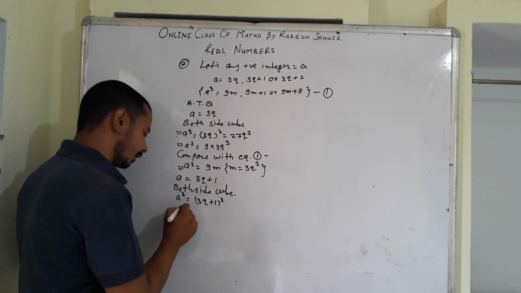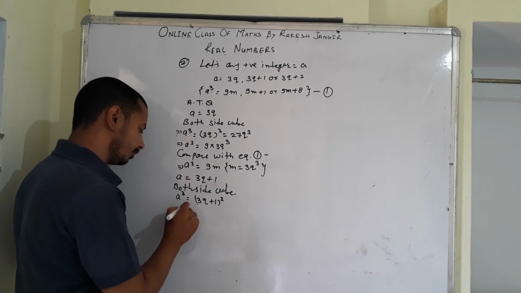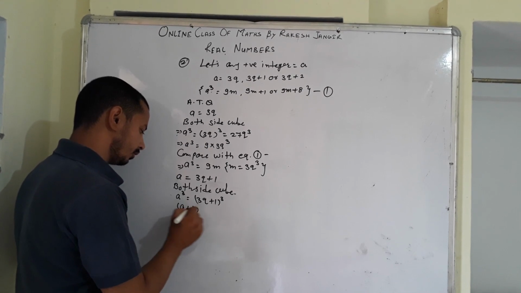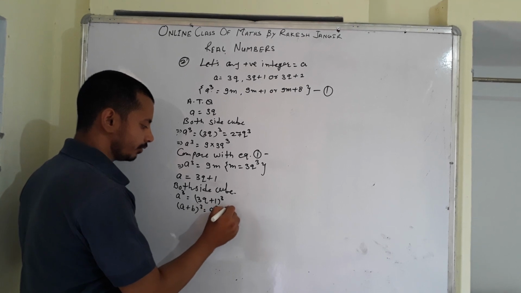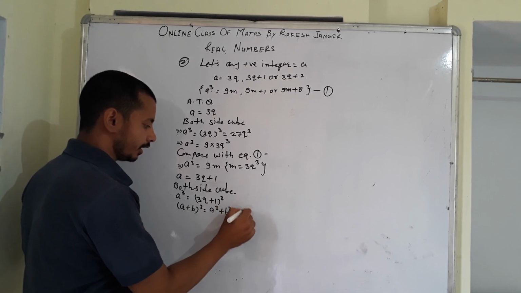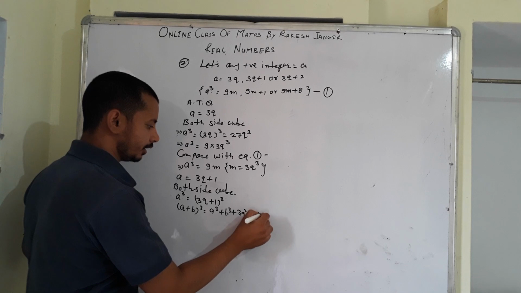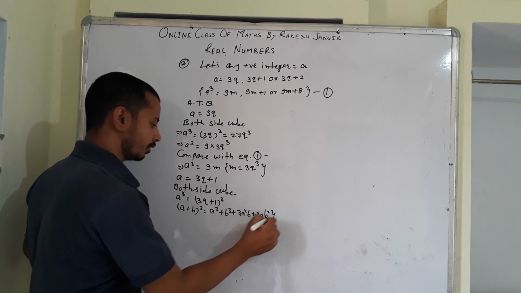And the value of a plus b whole cube equals a cube plus b cube plus 3a square b plus 3ab square.